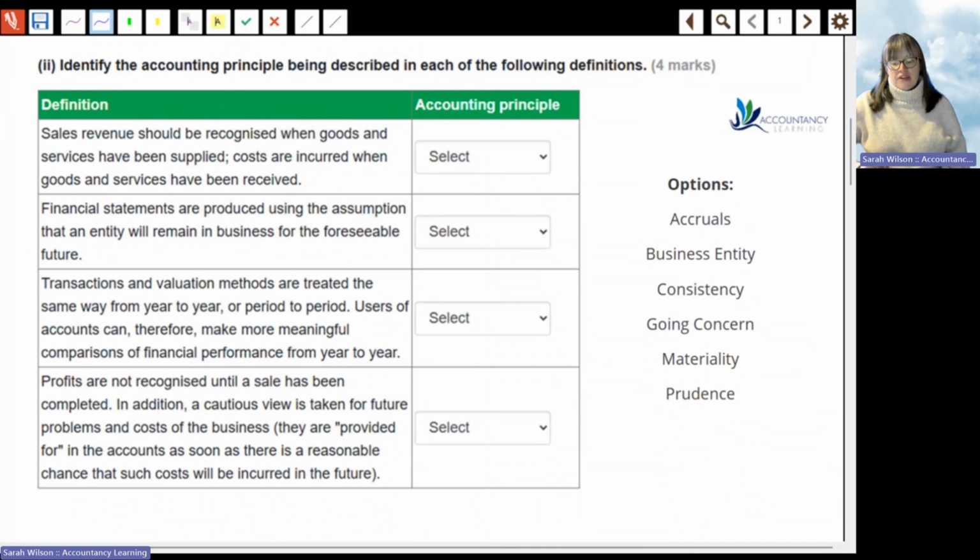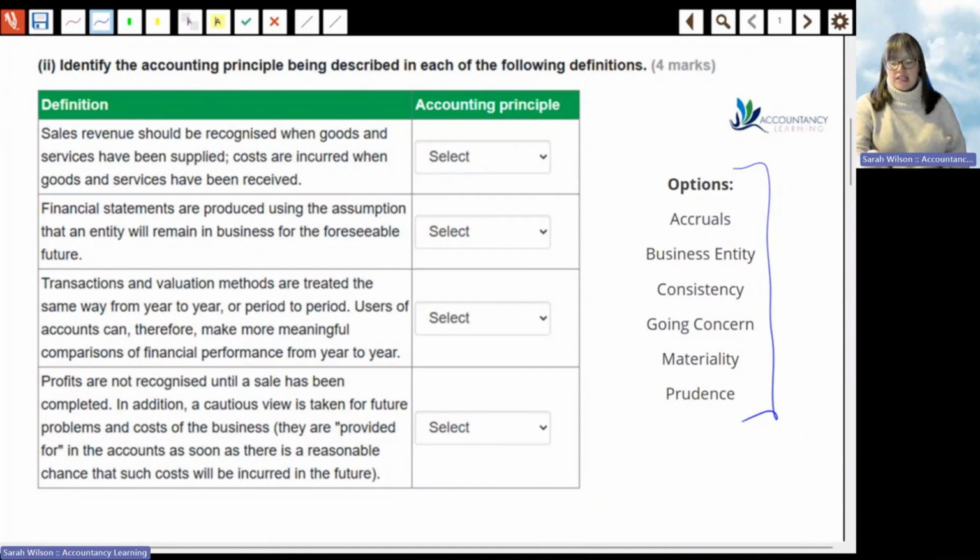Next, we are given some definitions, and we need to use these options over here to decide which accounting principle the definitions apply to. Sales revenue should be recognised when goods and services have been supplied. Costs are incurred when goods and services have been received.